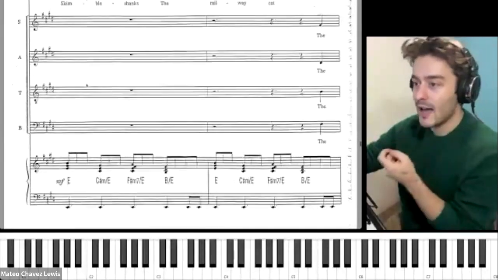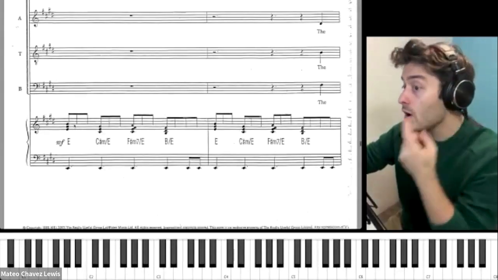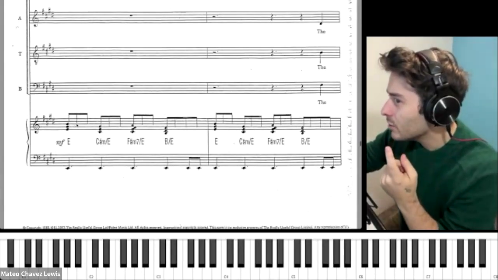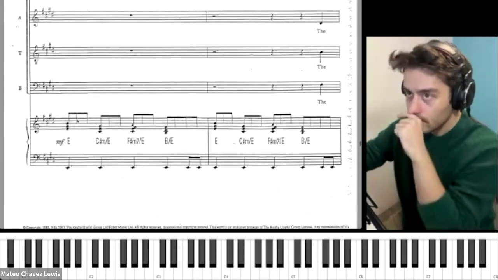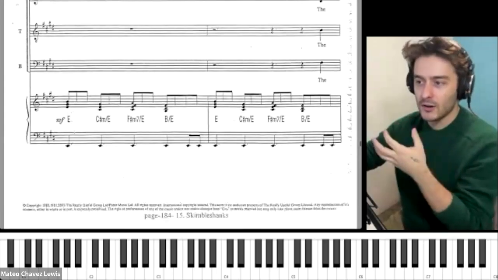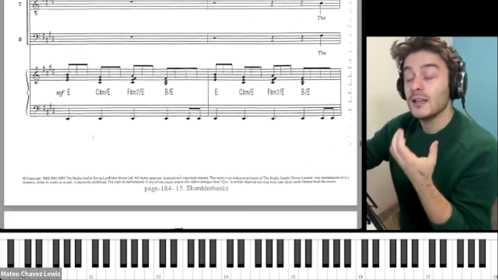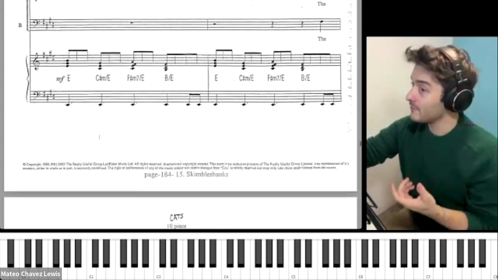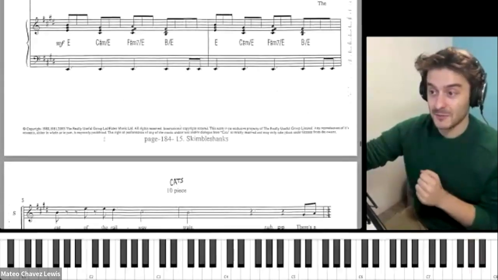The danger is that we're so drawn to that unique sound that we don't hear the other information. In a musical, a lot of the time, that other information is important because it's storytelling material.